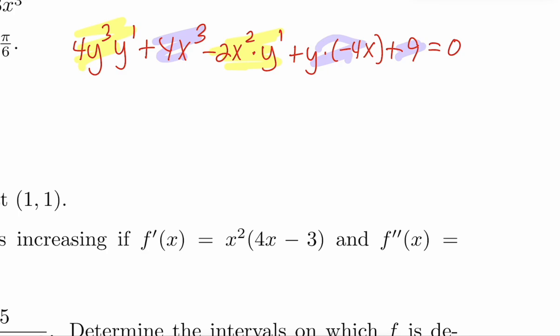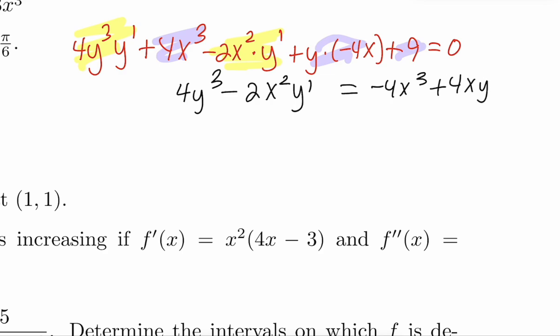So if we do that, we get 4y cubed y prime minus 2x squared y prime. We're going to get a -4x cubed, a positive 4xy, and a -9. And those can be in any order, so don't worry about that as long as the sign is correct. Remember, at this point, that's a y prime.